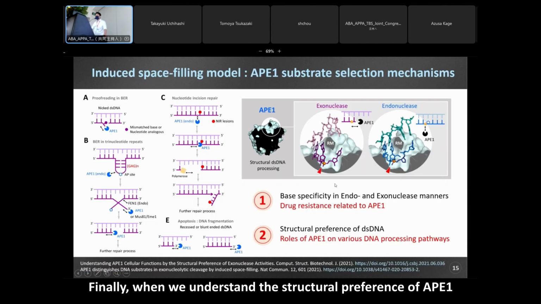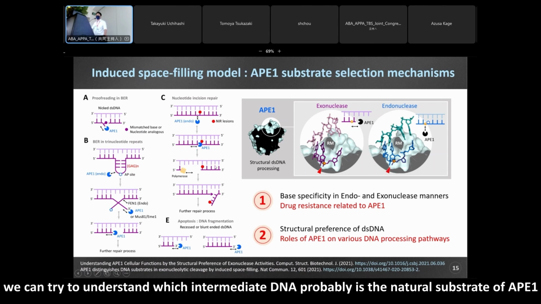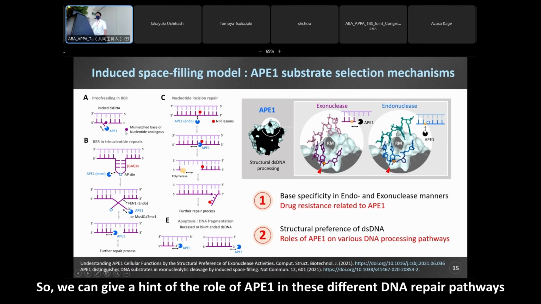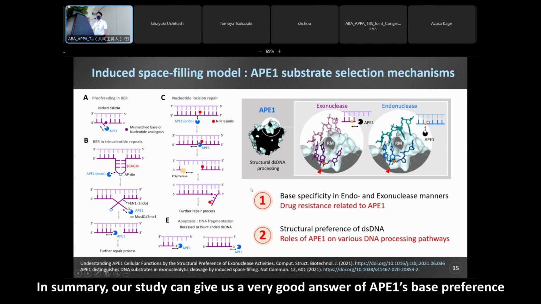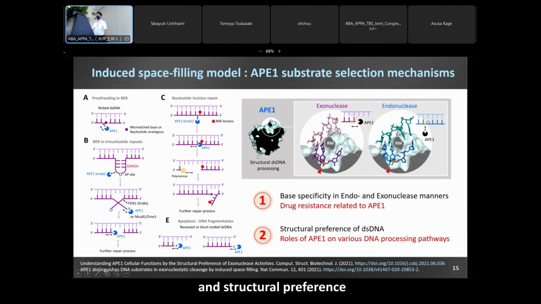So finally, when we understand the structural preference of APE1, we can try to understand which intermediate DNA is probably the natural substrate of APE1. So we can give a hint of the role of APE1 in those different DNA repair pathways. In summary, our study gives a very good answer on APE1's base preference and structural preference.